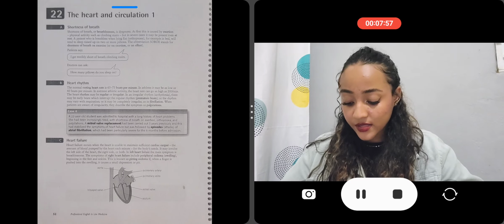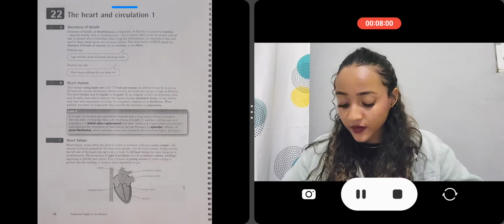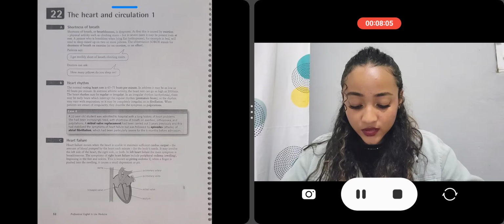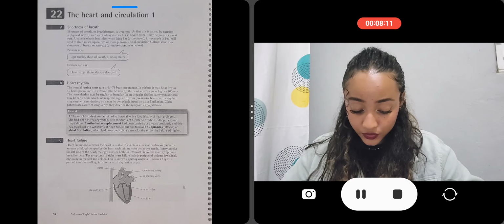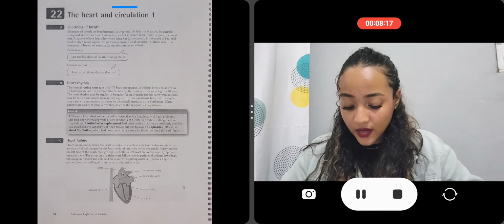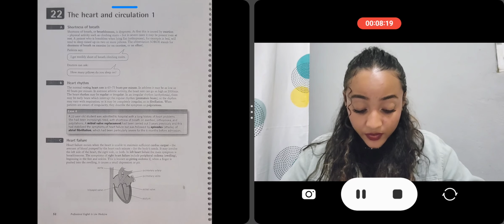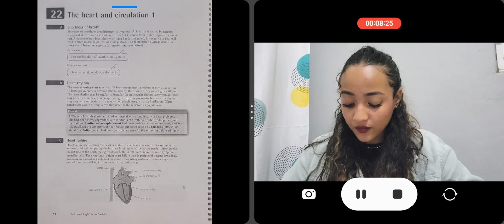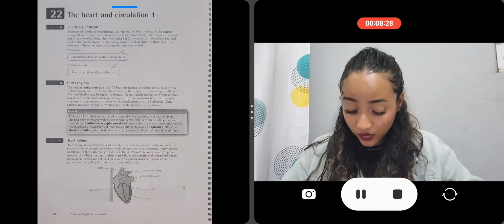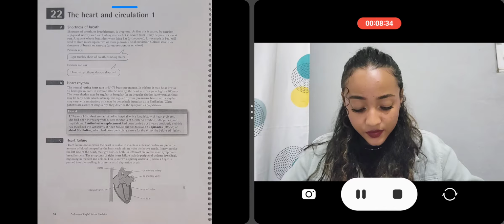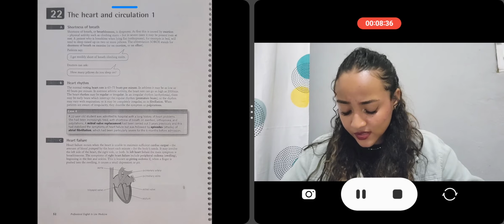C. Heart failure. Heart failure occurs when the heart is unable to maintain sufficient cardiac output, the amount of blood pumped by the heart each minute for the body's needs. It may involve the left side of the heart, the right side, or both. In left heart failure, the main symptom is breathlessness.